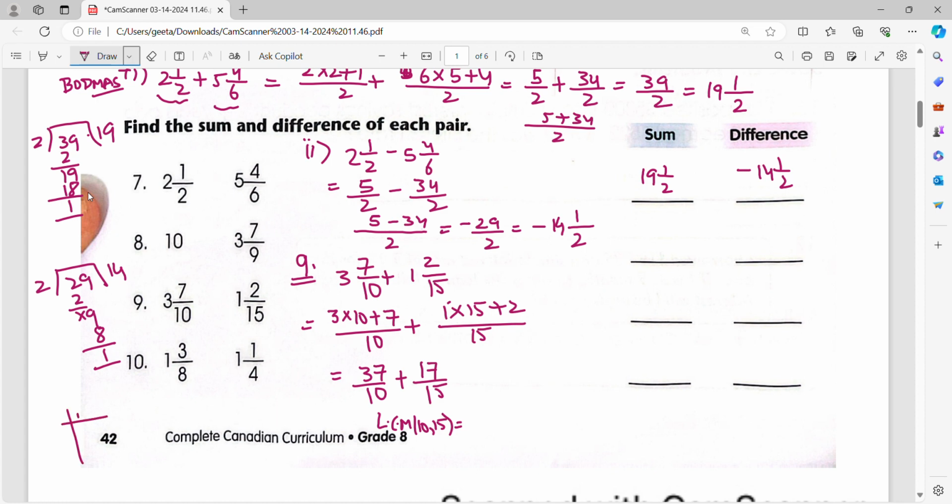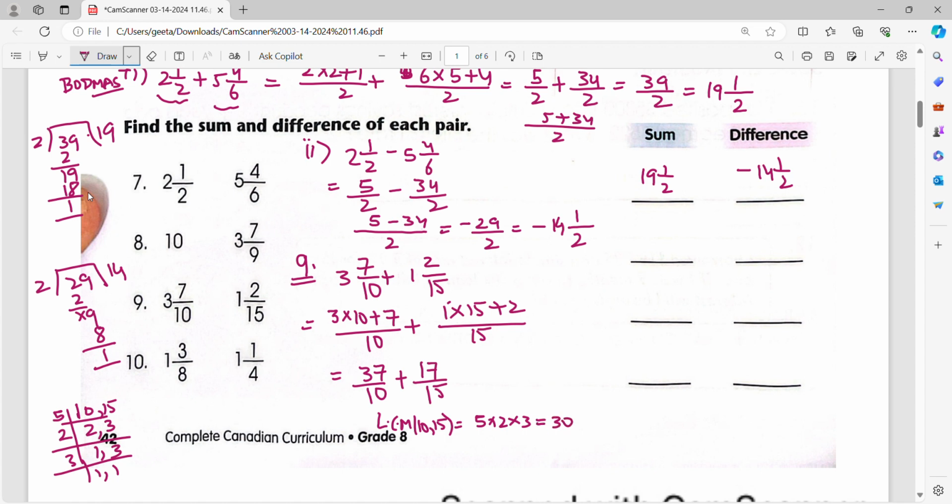No, it's 30. Just wait. See, 5 twos are 10, 5 threes are 15. Now 2 and 3. Do you know how to take the LCM using the common division method? So LCM is 5 into 2 into 3, and 10 threes are 30.